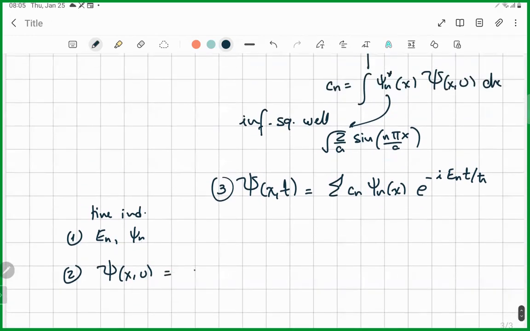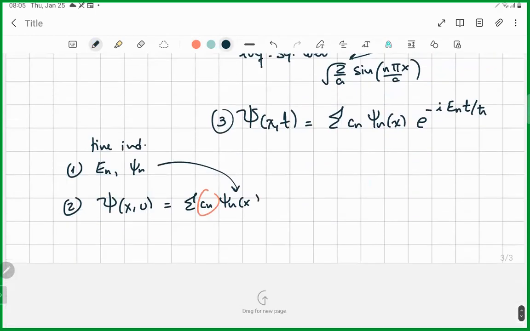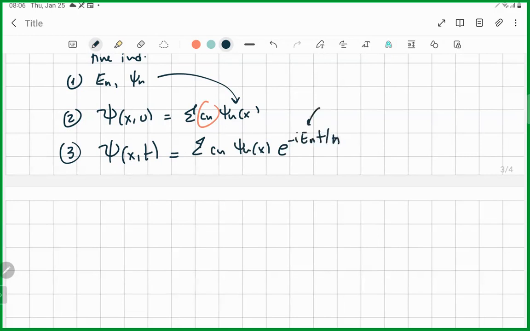We can write that in terms of those solutions, where the Cn's we know how to obtain through this integral. And then finally, after all that, we have the whole solution for the time-dependent Schrödinger's equation with those phases, with these energies that we obtained.